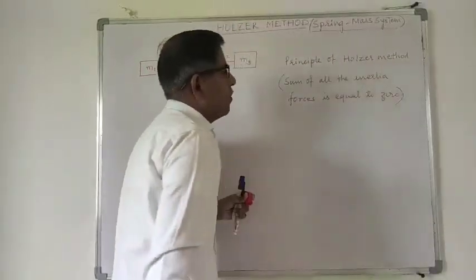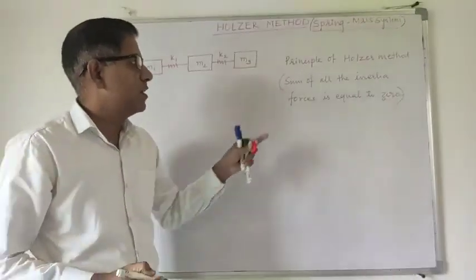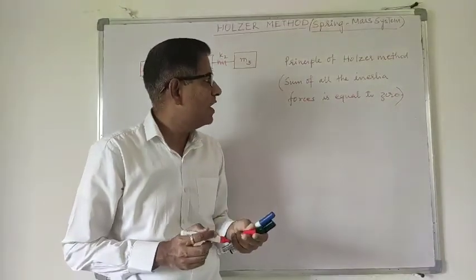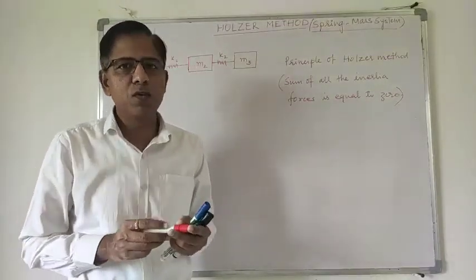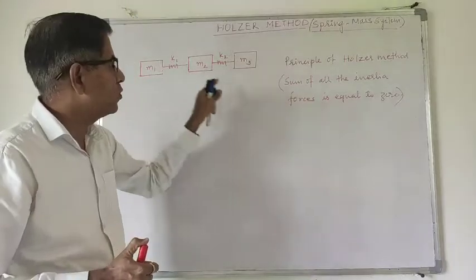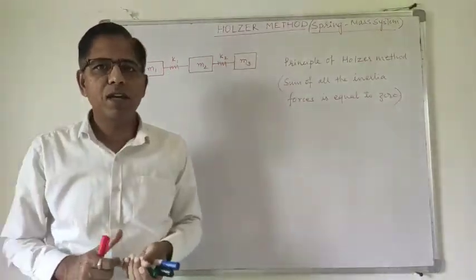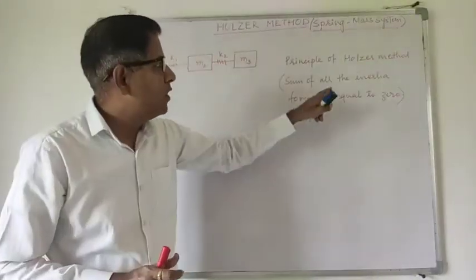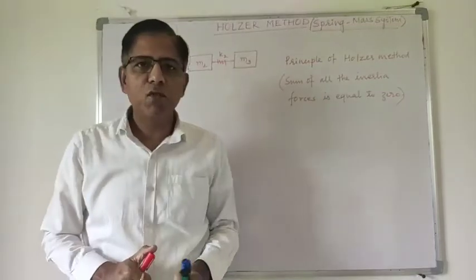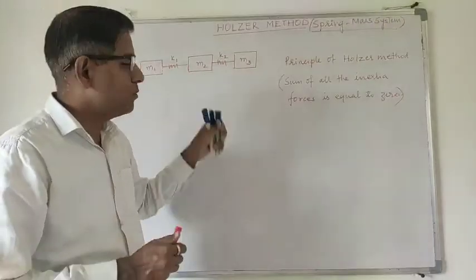So the statement of the Holzer method principle says the sum of all the inertia forces is equal to 0, and we know that the inertia forces only act on the masses. So first we try to find out the inertia forces of this system.